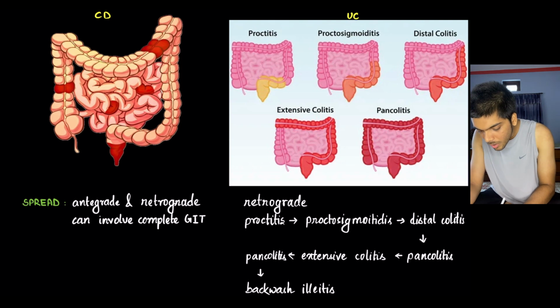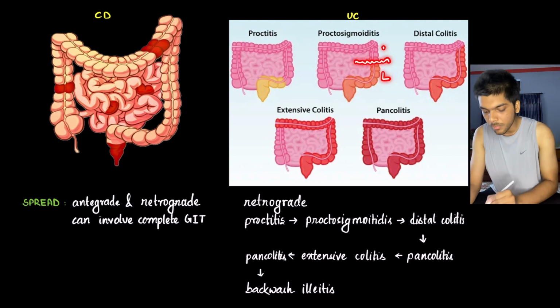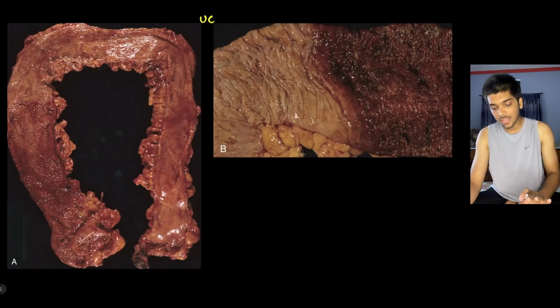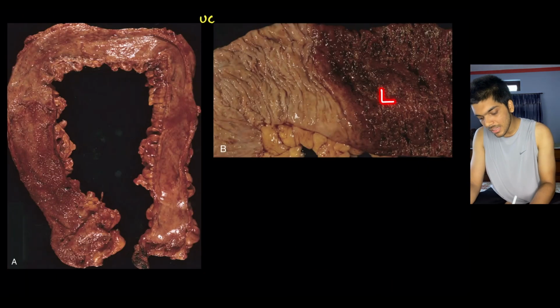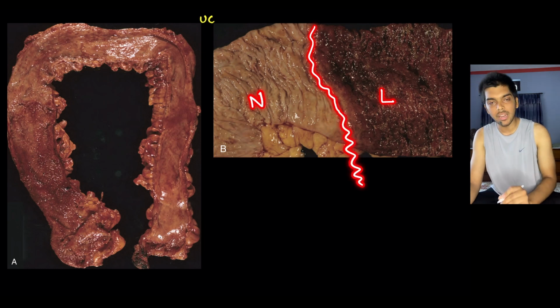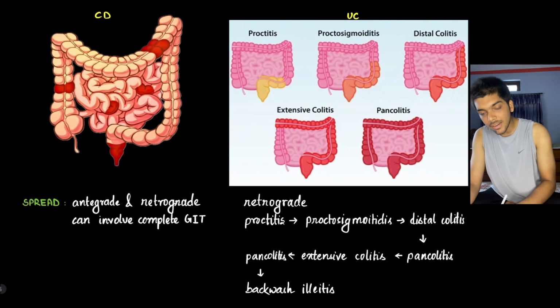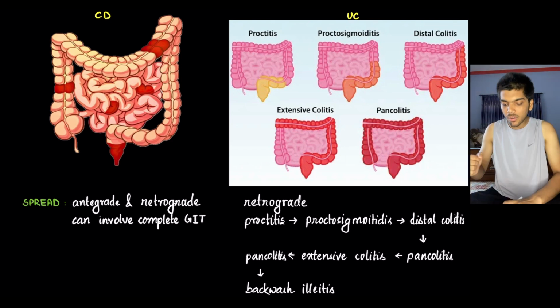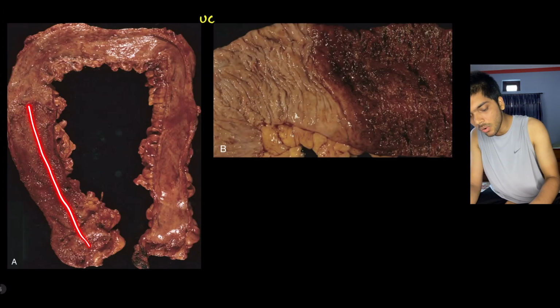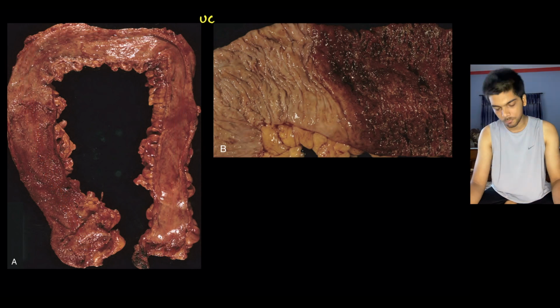So if I cut this portion out, this is what it looks like in the cadaver. This is the lesion and this is normal, with abrupt demarcation. In pancolitis, the complete colon is involved. If I take out this colon, this is what it looks like. The complete colon is involved, pancolitis.